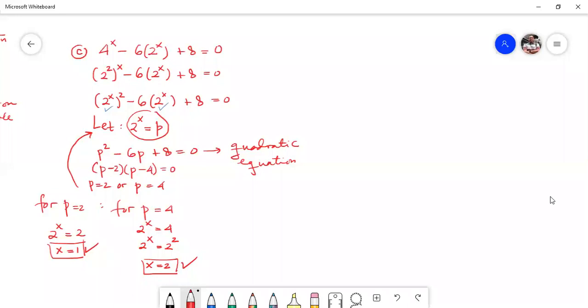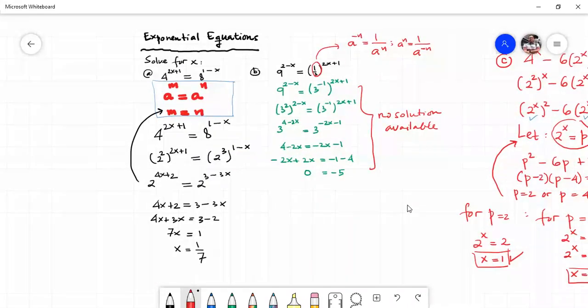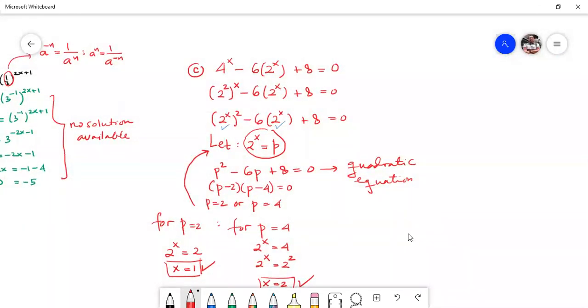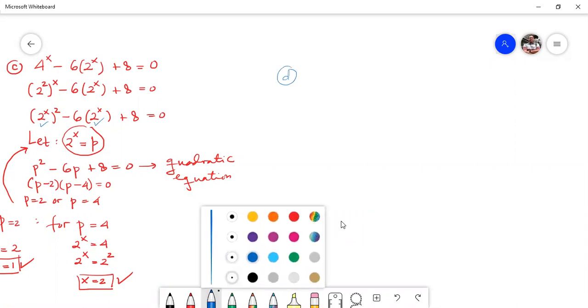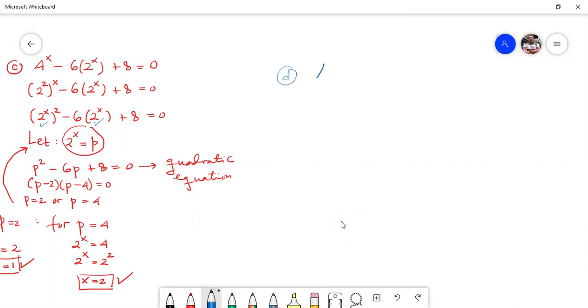Now look at the next question. We have been using black, green, red. Now let's use blue color. Now we have question D, the fourth question. Here we have 49 to the power of x plus 1 equals 2 times 7 to the power of x.